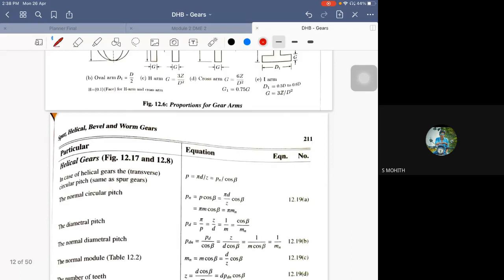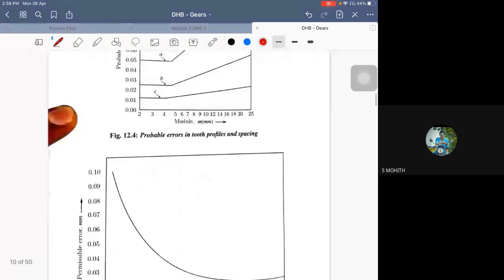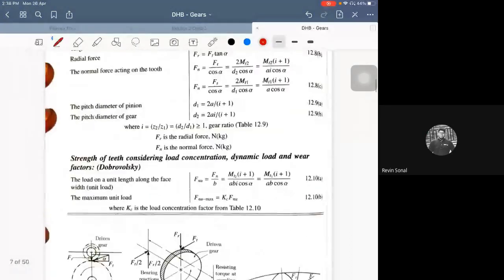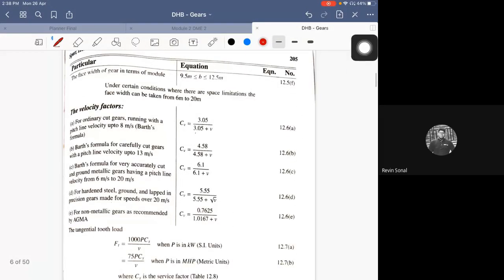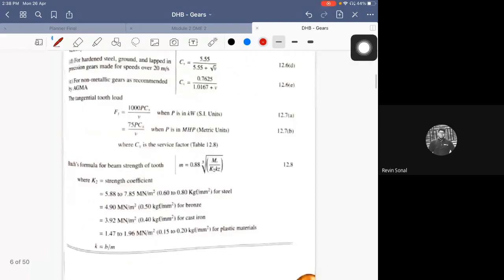Table, guys. 234. So that is what I needed.